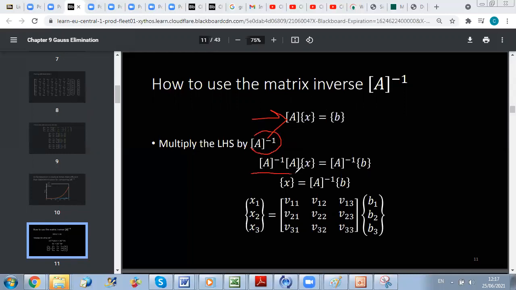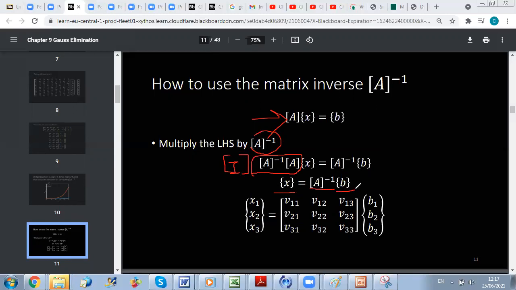You get A minus 1 times A times X equals A minus 1 times B. Now, A minus 1 times A is the identity matrix, so you end up with vector X equal to A minus 1 times vector B.